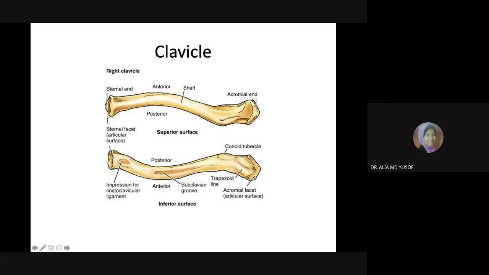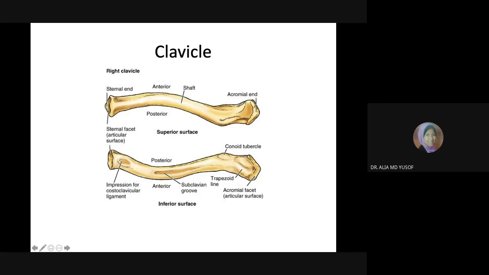The middle part of the clavicle is what we call the shaft. Shaft ni badan lah ataupun batang dia. Okay, alright. At the posterior surface, you will see that there are many impressions and grooves, okay, many impressions and grooves.